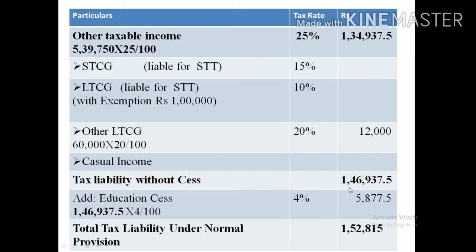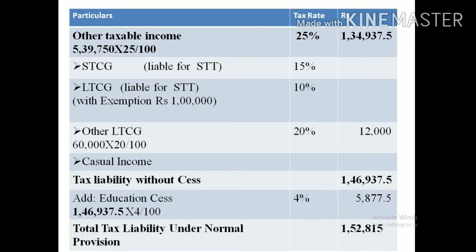Then total tax without cess is 1,46,937.5. Then add education cess on that, we will get 5,877.5. Then total tax liability under normal provision is 1,52,815.